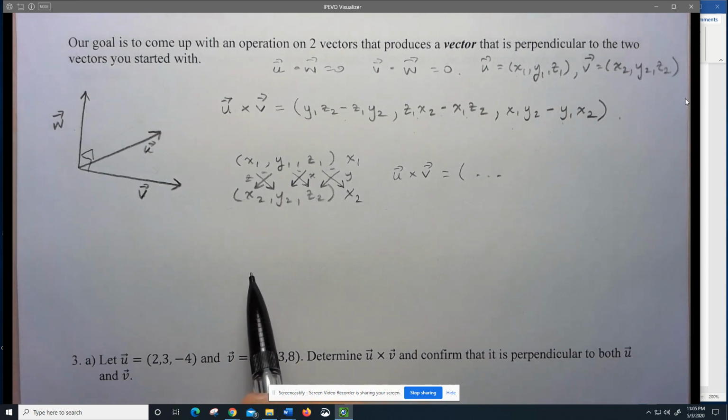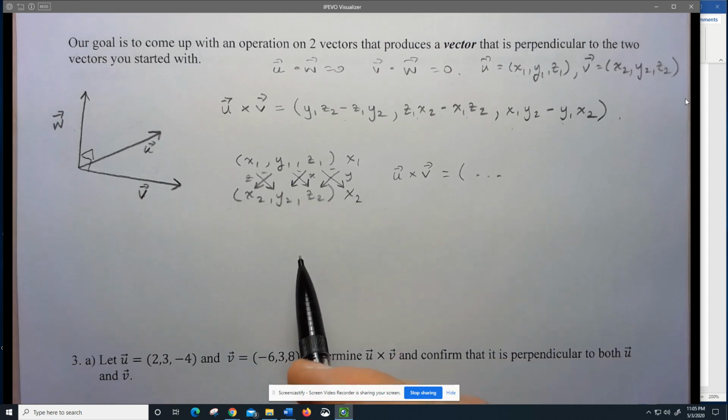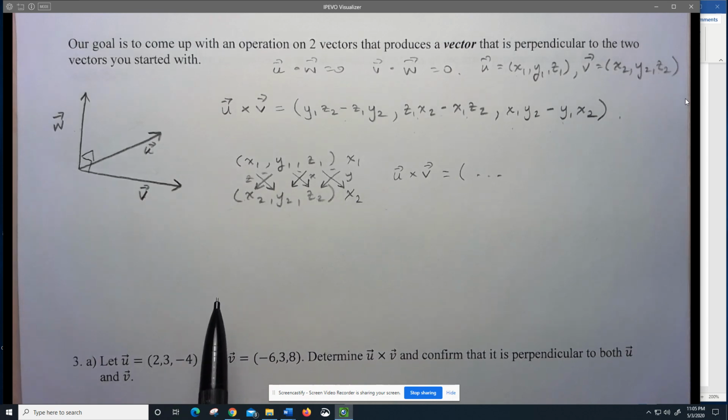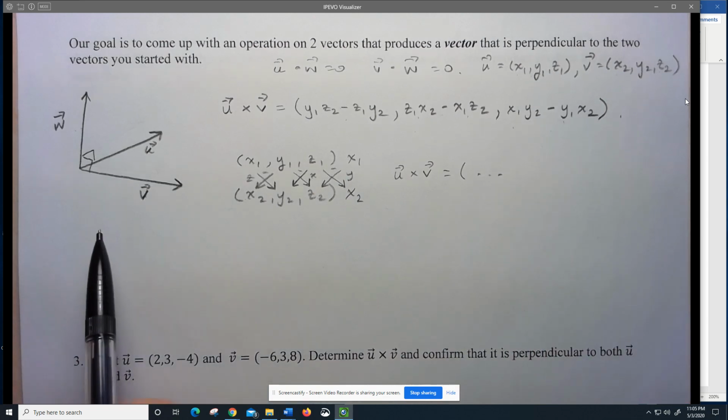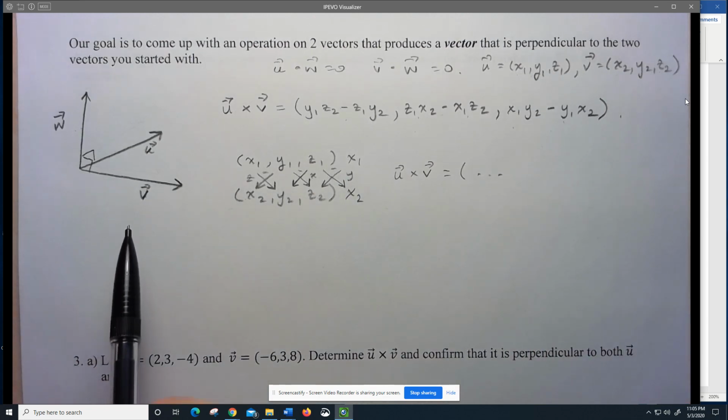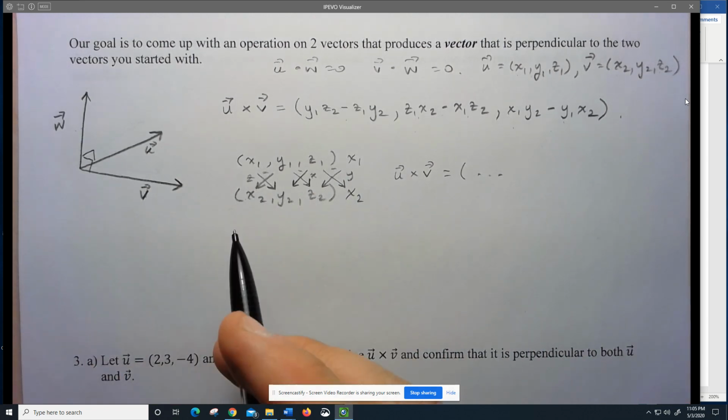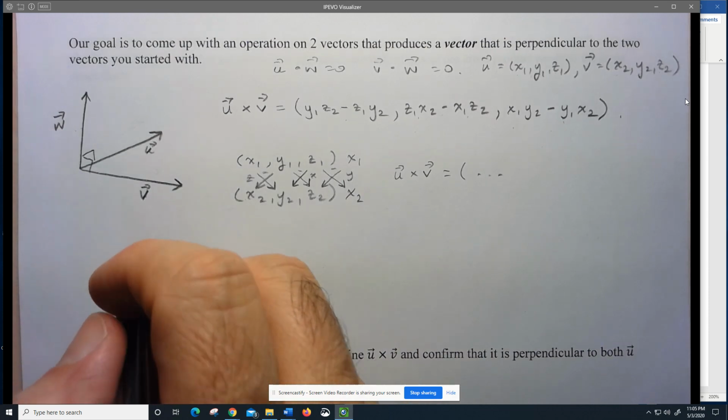All right. So we're going to confirm that this works, that this indeed does give us a third vector that's perpendicular to the original two. But before we do that, I do want to talk about the fact that notice how I worked with these two 3D vectors. So one would think that there would be a version of the cross product in 2 dimensions.